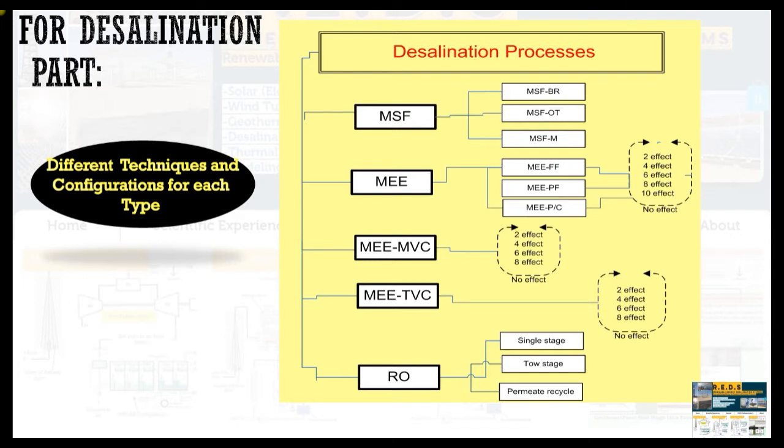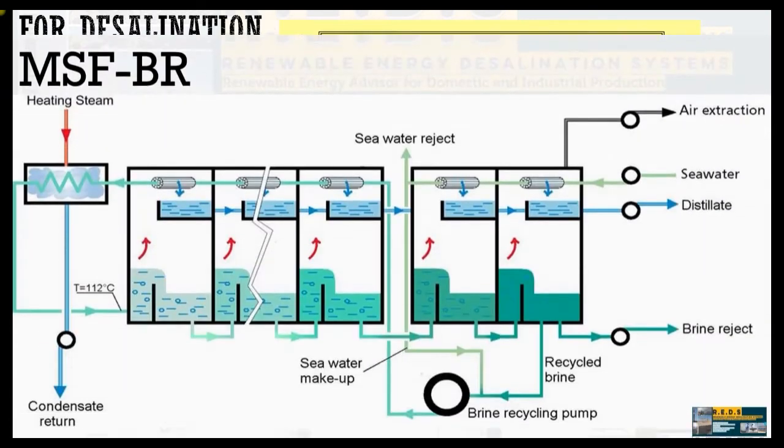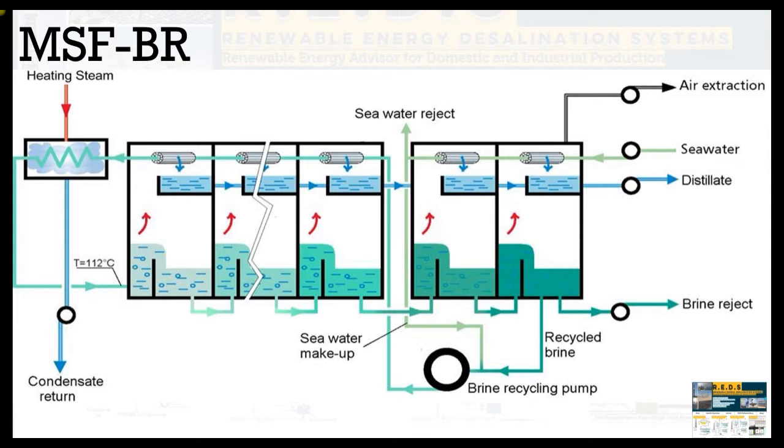The number of effects is a key role for such configurations. We have multi-effect evaporation, mechanical vapor compression, thermal vapor compression, and reverse osmosis with an energy recovery device, without an energy recovery device, single stage, 2-stage, and permeate cycle. For example, this is the multi-phase brine cycle. As you can see here, it is too complicated because we have forward streams and backward streams.